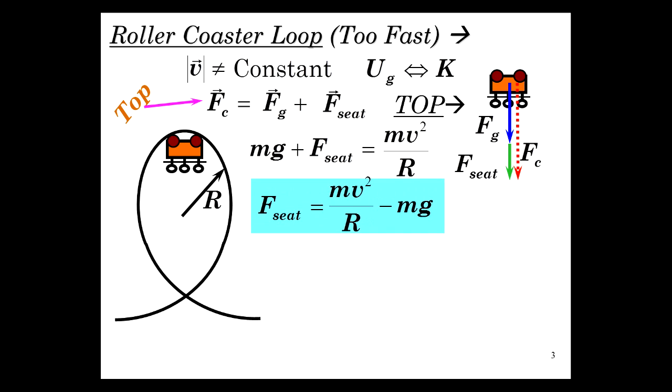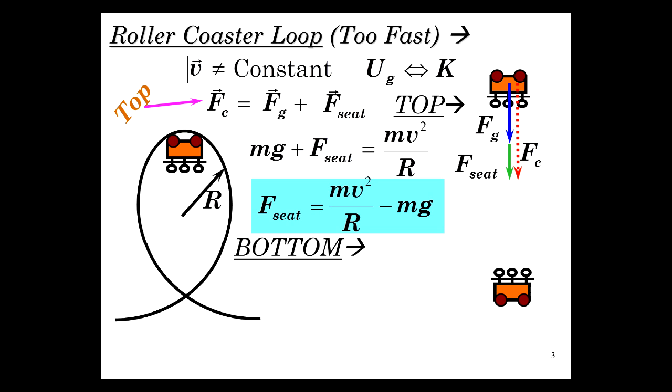And F seat is mv squared over r minus mg. So in like manner, you can analyze other types of seat forces with different types of motion. Now at the bottom, as I already alluded to, you've got a situation where the seat force, the support force, is potentially much greater.